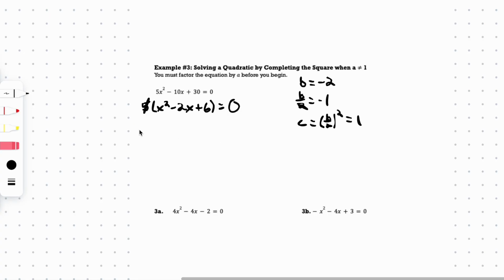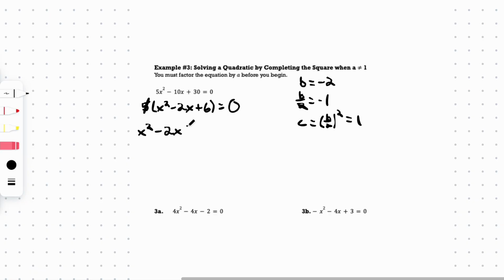Great. Now let's do x squared minus 2x. And then we want to get from positive 6 to 1.